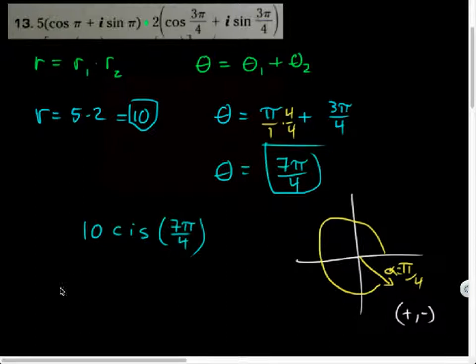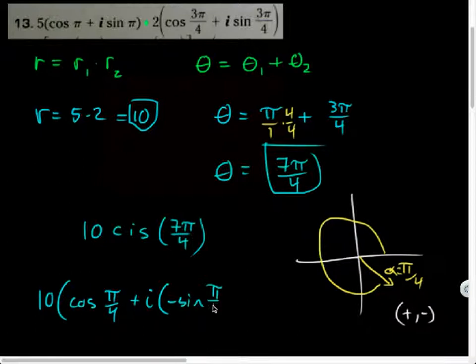So if I want to evaluate this, it is going to be the same as 10 times the cosine of pi over 4 plus I times the negative sine of pi over 4.